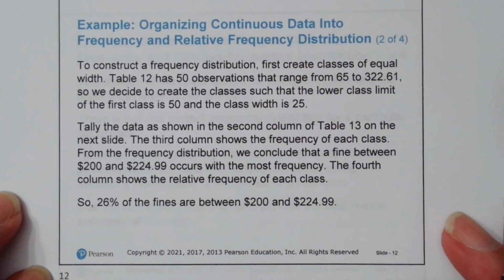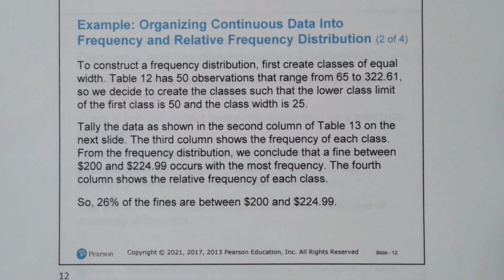To construct a frequency distribution, first create classes of equal width. Table 12 has 50 observations that range from basically $65 to $322.61. So we decide to create the classes such that the lower limit of the first class is 50 and the class width is 25. So that's arbitrary. There's no fixed value.